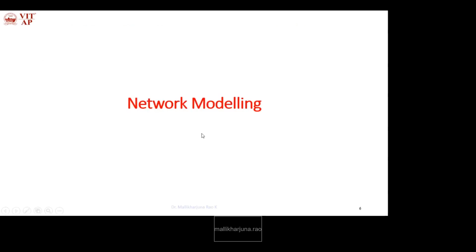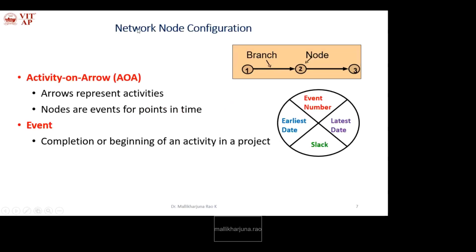The second step in critical path analysis is network modeling. In order to design a network, we use a node configuration. This node has four parameters: event number, earliest date, latest date, and slack. What do we mean by the earliest date of the event?